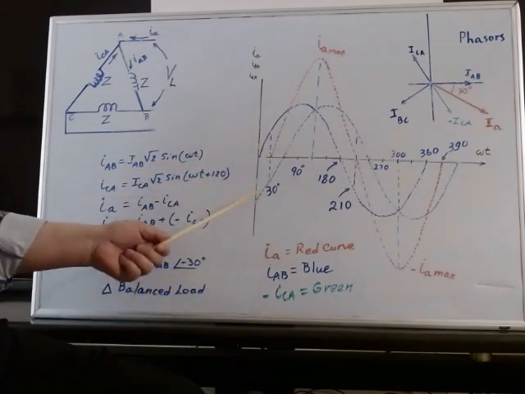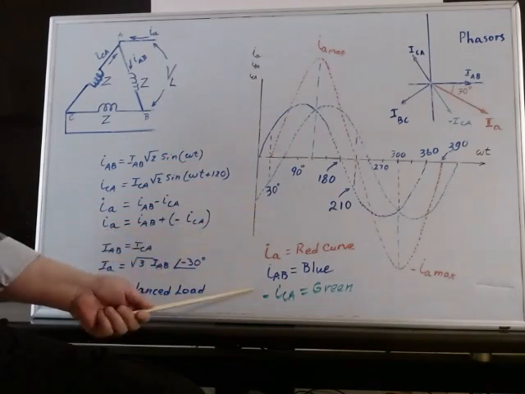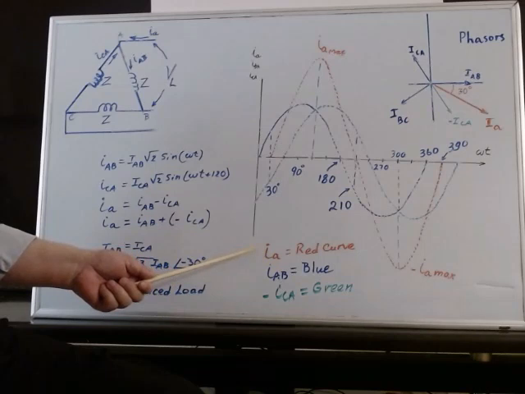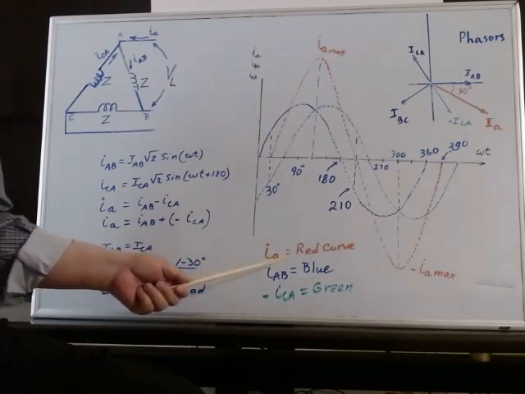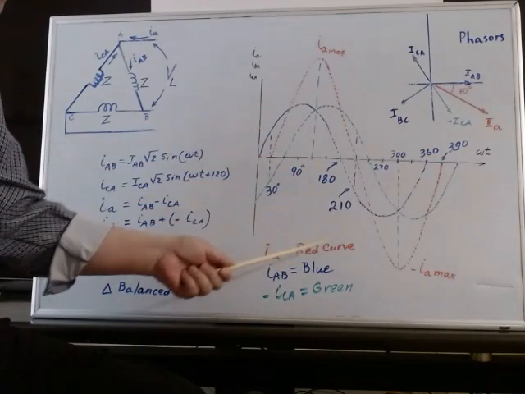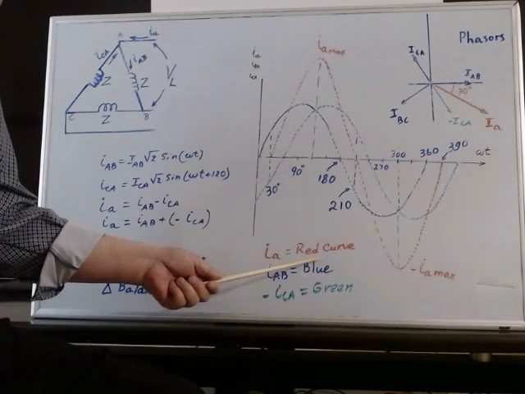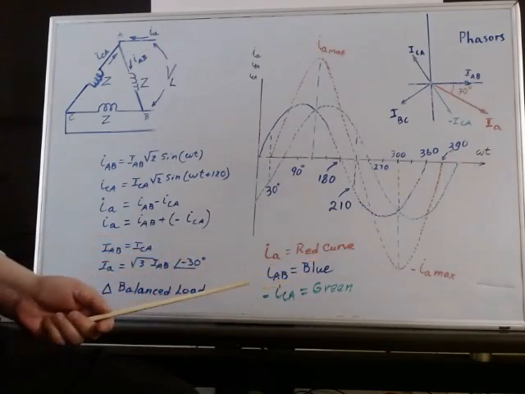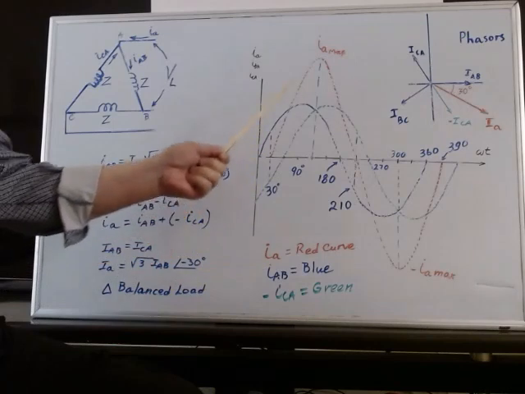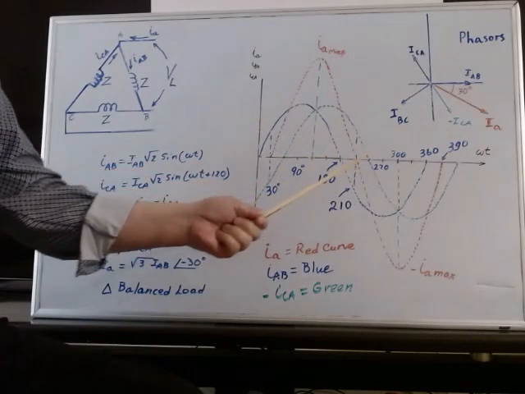The current in green for minus ICA, and the current that you get for IA is represented by the sine wave in red color. Now, some observations have to be made relative to these three signals.